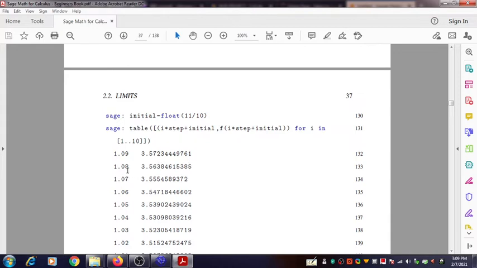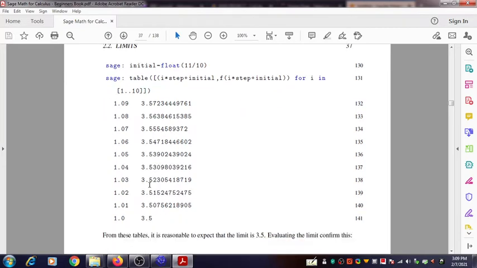Then again we find the next lower value, 1.07. The corresponding function value is calculated and displayed. Likewise it is done up to the point we require, that is x equal to 1. When we reach the point x equal to 1, you can see that the function value obtained is 3.5.